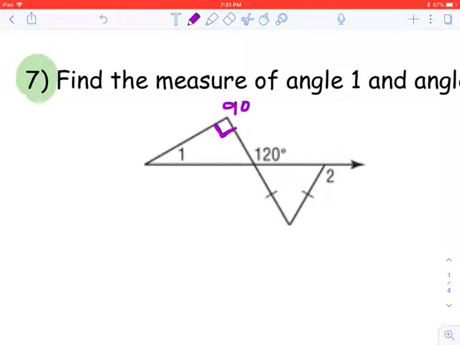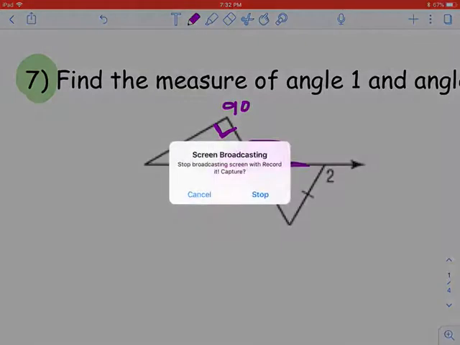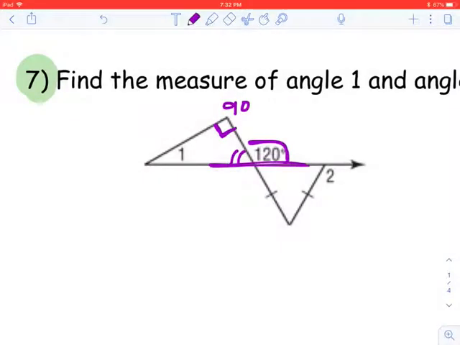If this is 120 right here, that is going to be whatever's left since it's a linear pair. You can either use that or the fact that it's an exterior angle. Either way, I'm going to make this 60, because 60 plus 120 is 180.